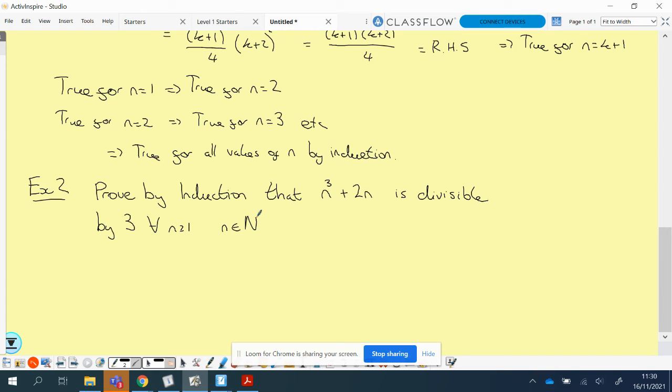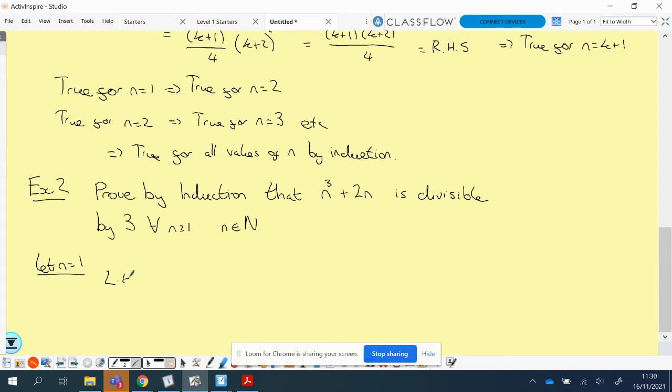Okay. So you can see it's a totally different looking type of question, isn't it? However, this clue here does tell us where our starting off point is. So our first step is to prove that it's true, or hope it's true, when n is 1, our starting off value. So we're going to let n equals 1.